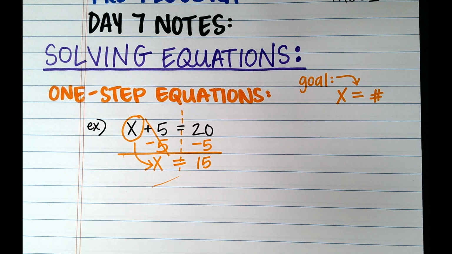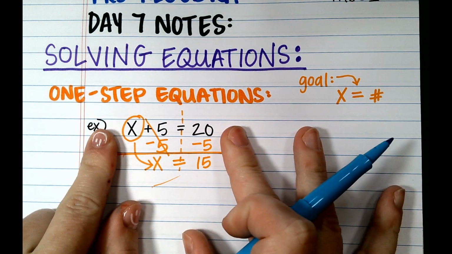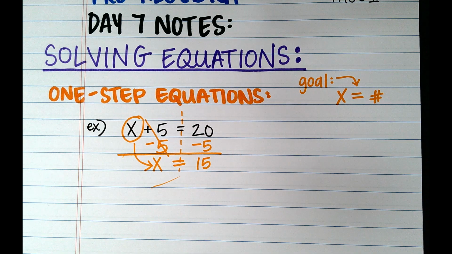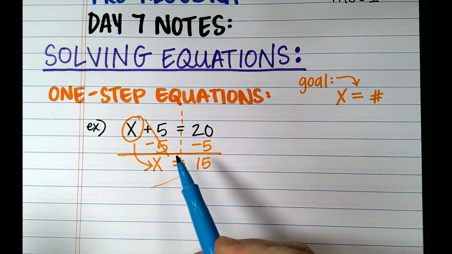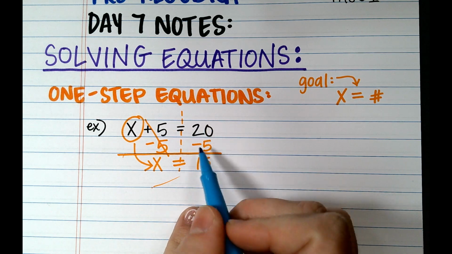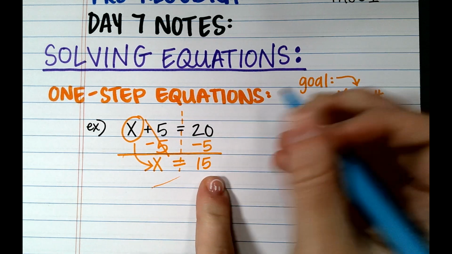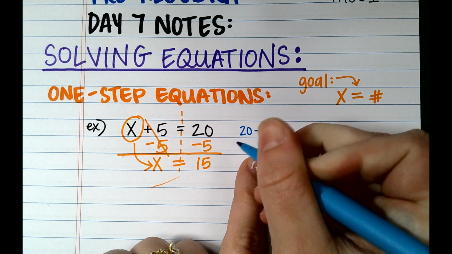And here's where Unique's method comes in a little bit. I want to show you what she does, and I actually love this. Sometimes writing everything all stacked up like this, it's easy to forget what you're doing at every step. So what she was showing me yesterday is anytime we do an operation like 20 minus 5, she writes it out to the side. 20 minus 5, just to keep track of it.